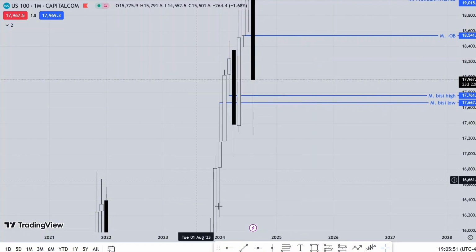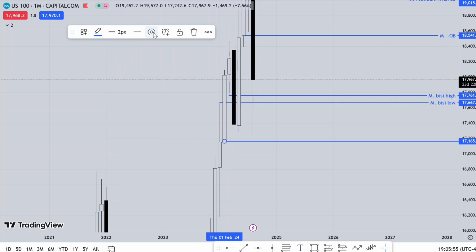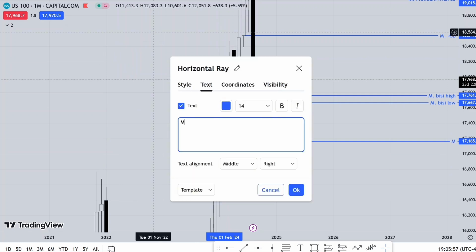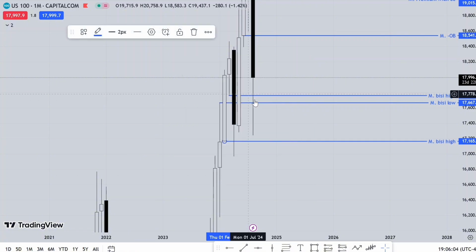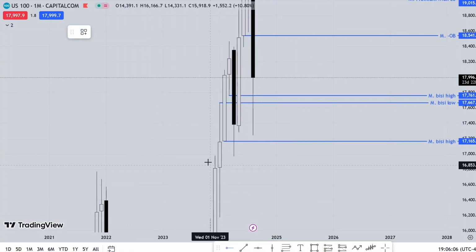Also here you have these monthly BCs, and right below it you have the monthly BC low.